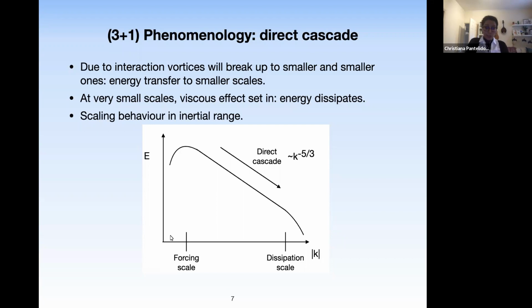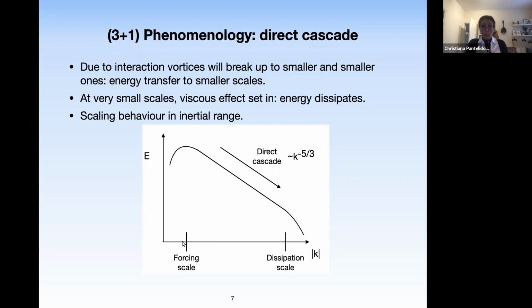And you should think of turbulence in 3+1 dimensions in the following way. Let's say we have a system and we pick a scale, say here, and we introduce in the system just a few vortices. Because of the nature of the interactions in 3 spatial dimensions, these vortices will start breaking up into smaller and smaller ones.